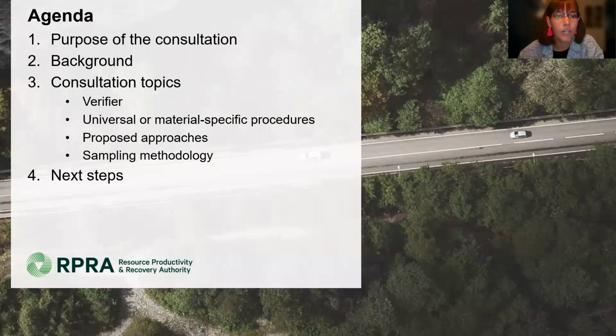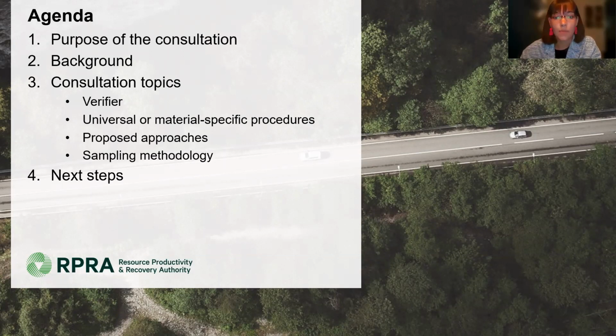So the first item we're going to review today is our agenda. Today we're going to be reviewing the purpose of this consultation, why we're all here, including the principles and objectives of the procedures, as well as the timeline we are following for updating them.